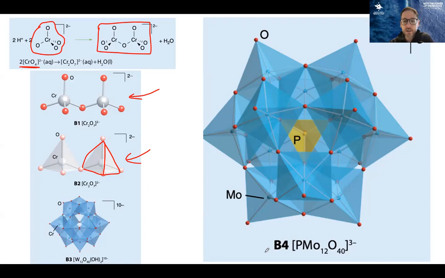And then here an example for a more complex species or a larger molecule.